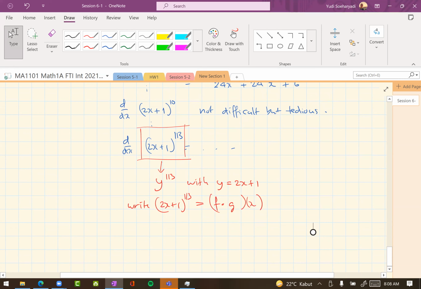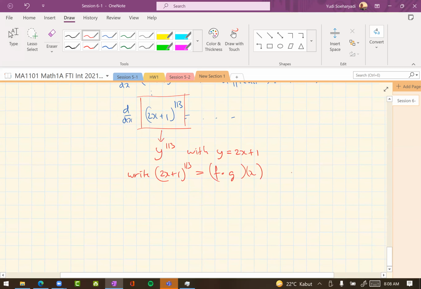Remember in the beginning, how to compute compositions, but what we would like to do here is the decomposition, that is, to write down the expression using simpler expressions.